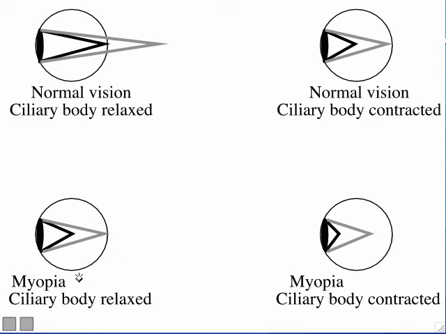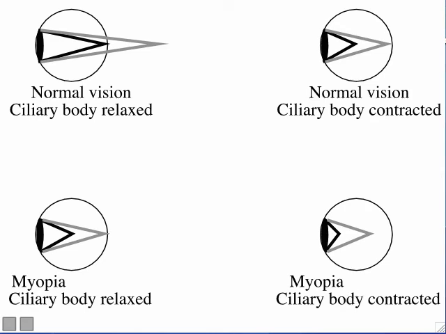And so when they are relaxing their ciliary body muscles, the near objects are in focus because the near object focal points are on the retina. But when the person with myopia contracts their ciliary body muscles, then everything is out of focus because none of the focal points are on the retina. All the focal points are in front of the retina when they contract their ciliary body muscles.